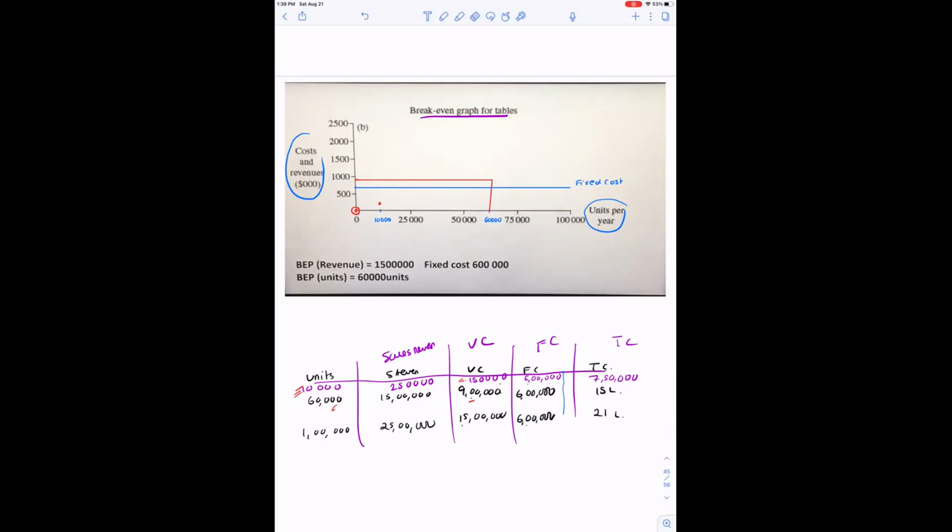So at 60,000 units, my variable cost is how much? My variable cost is 9 lakhs. If I produce 0 units, variable cost is 0. If I produce 10,000 units, variable cost is somewhere 1,50,000. If I produce 60,000 units, variable cost is 9 lakh. If I'm producing 1 lakh units, variable cost is 15 lakhs.